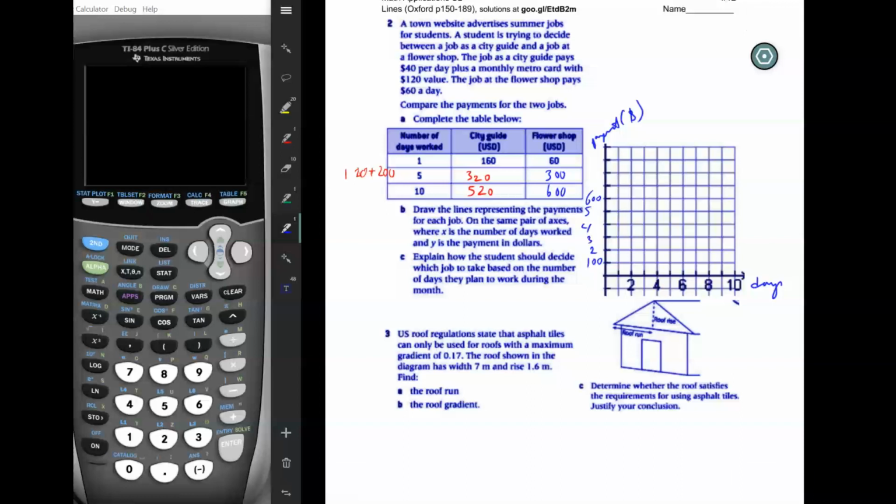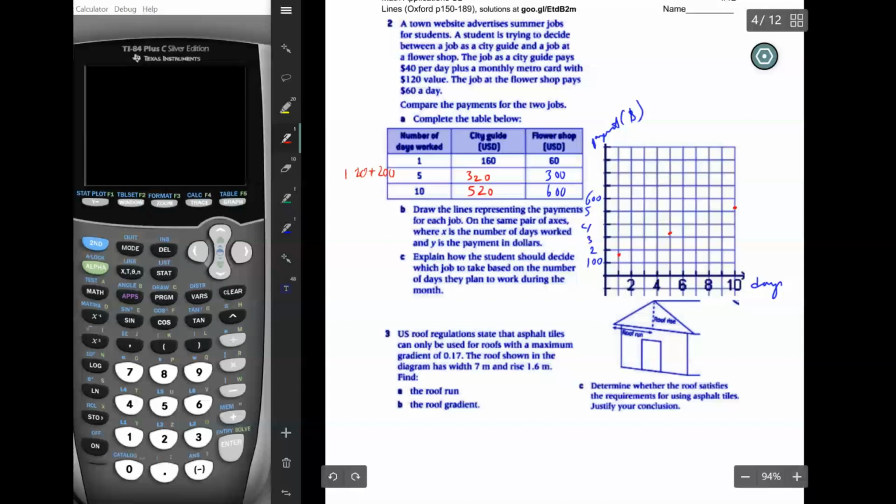So the red line would start at 1, 160. Notice that's 1, 160, and it's not 0, 160. And 5, 320, and 10, 520.